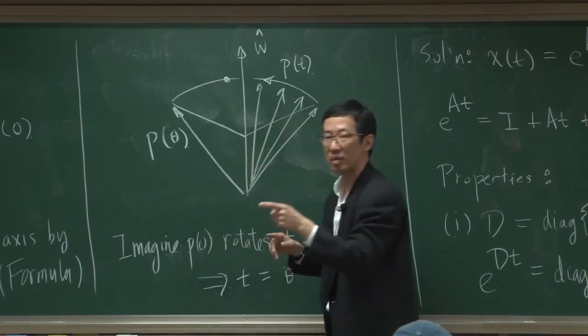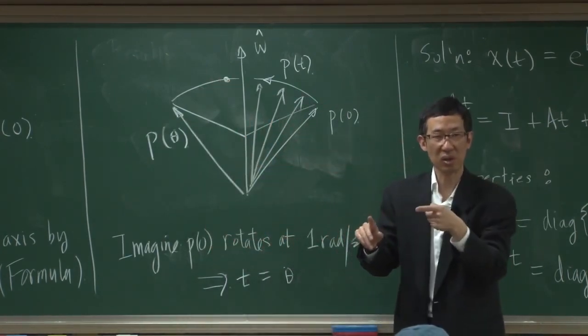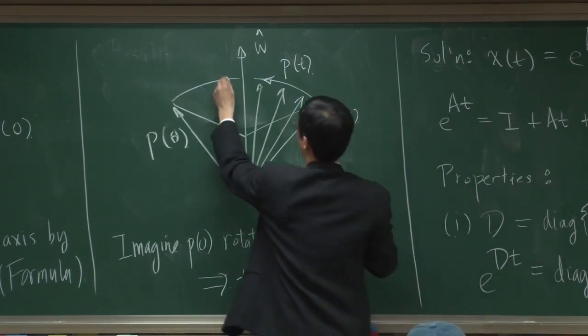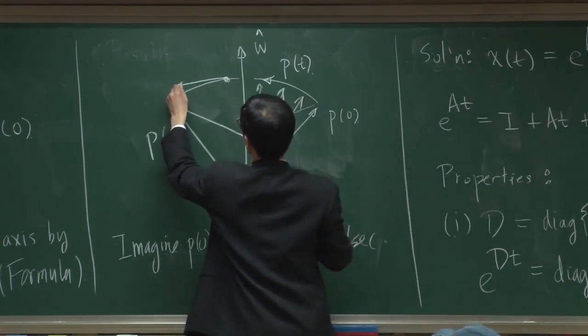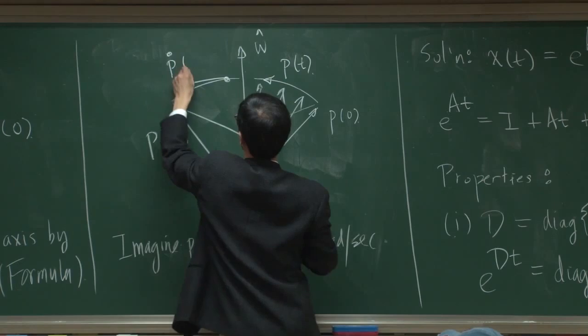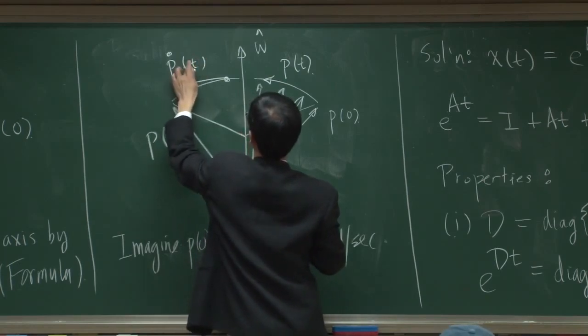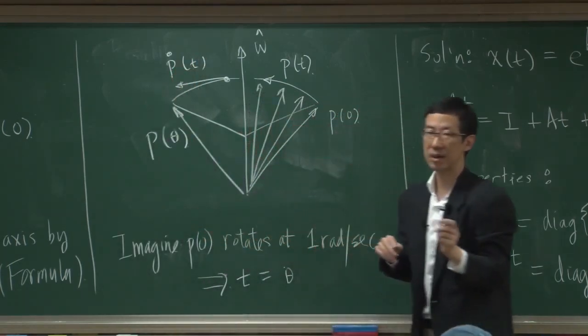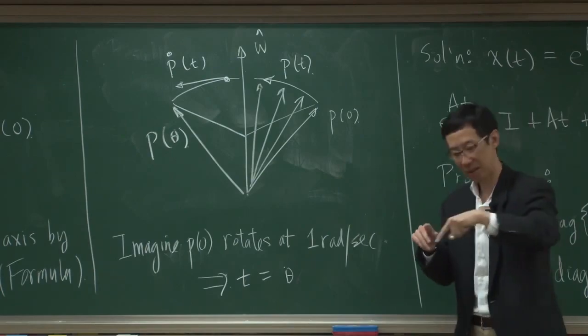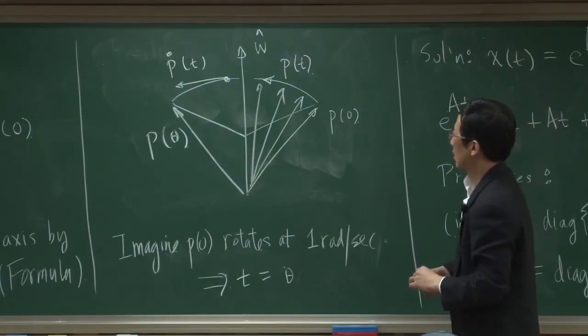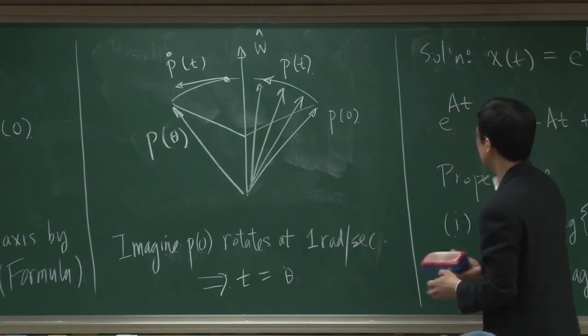The velocity is always tangent to the path. So here's p dot of t. As it's tracing a circular path, the velocity is always tangent to the circle.